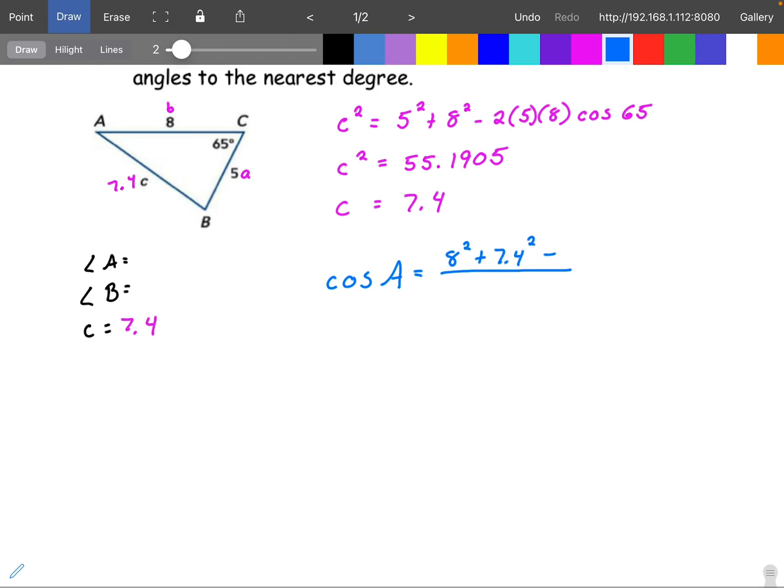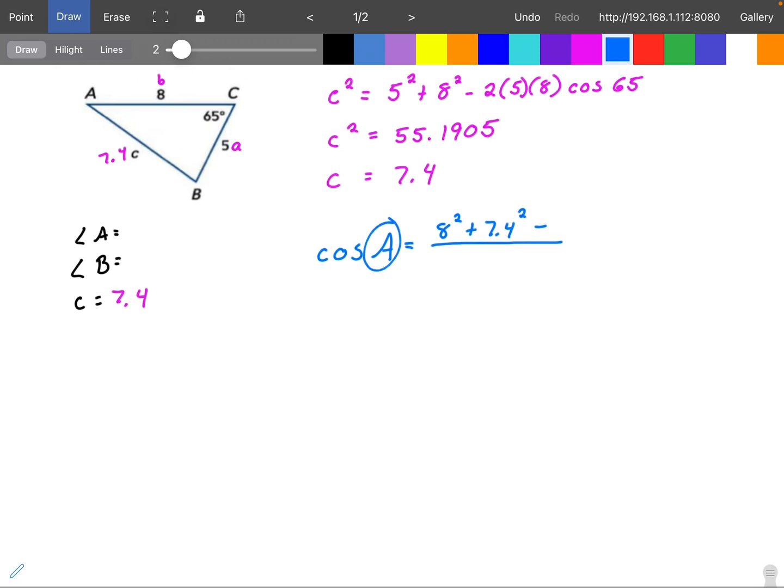And then we're going to have minus A squared, because we're looking for cosine A. So minus A squared, and A is 5. Then in the denominator, we're going to have 2 times those same two numbers that we used first, 8 and 7.4. So times 8 times 7.4.